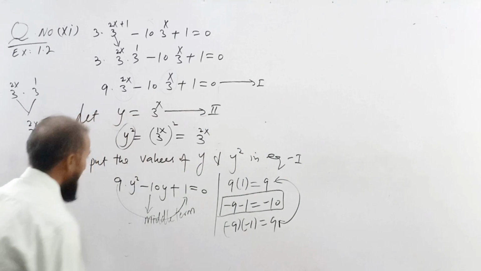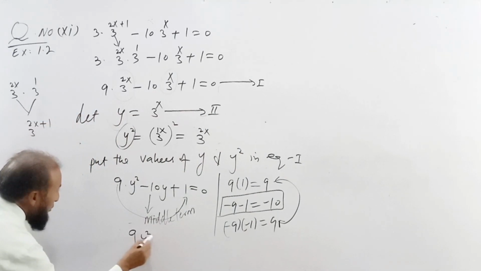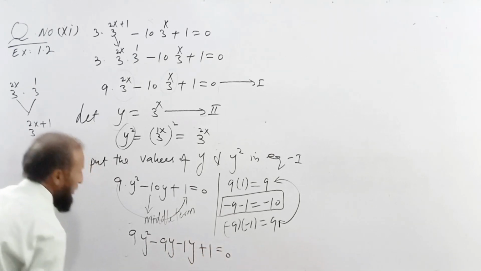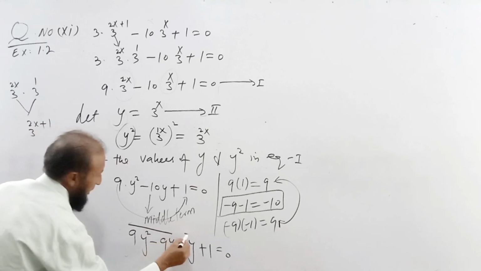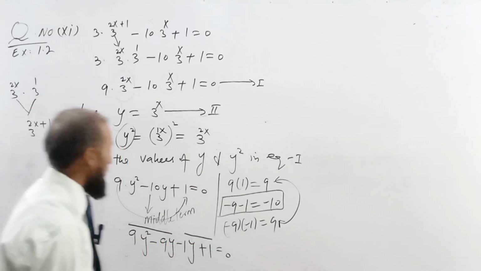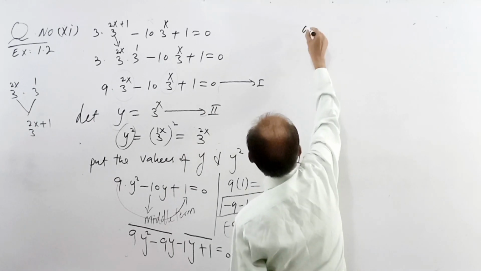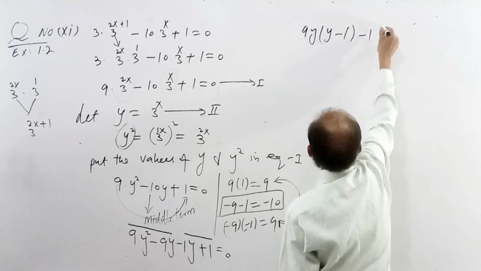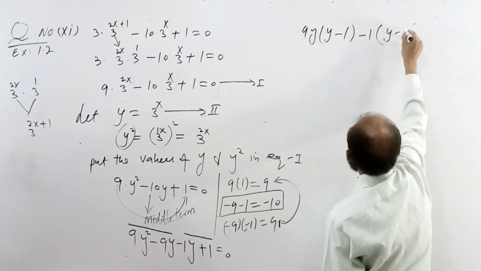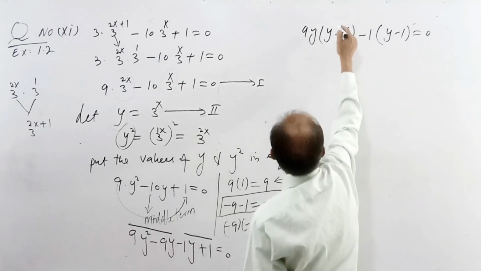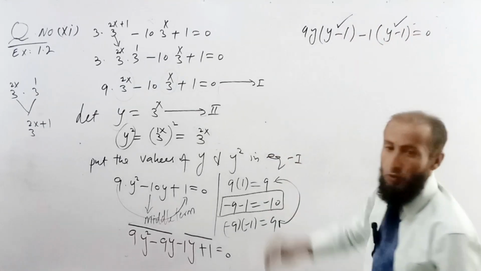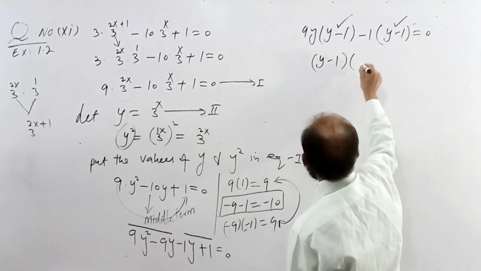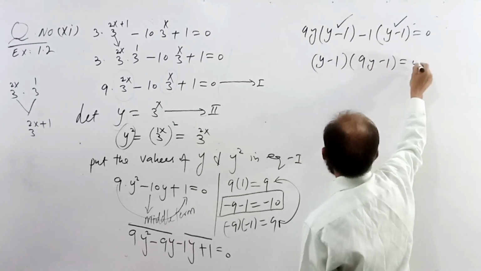So here we can rewrite this as 9y square minus 9y minus 1y plus 1 is equal to 0. We take pairs, first and second, third and fourth. 9y is common, we get y minus 1. Minus 1 is common, y minus 1 is equal to 0. Now these two brackets are the same, so we take just one: y minus 1 and 9y minus 1 is equal to 0.